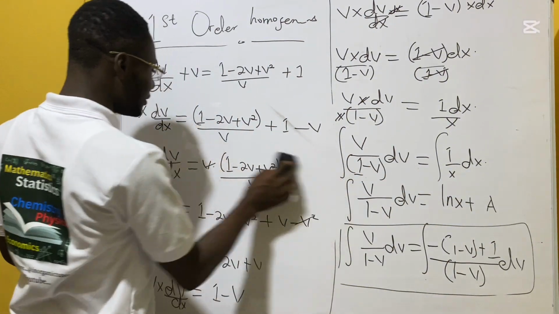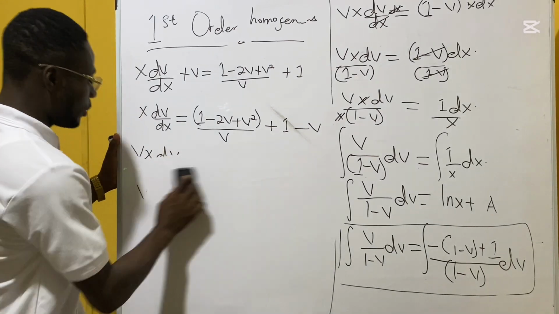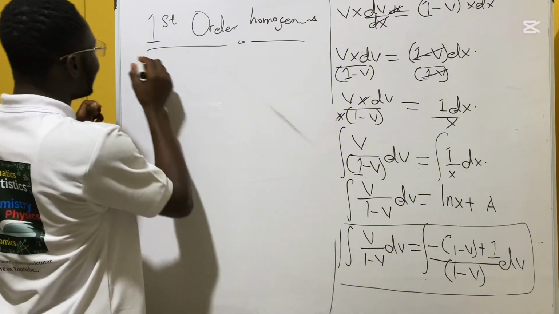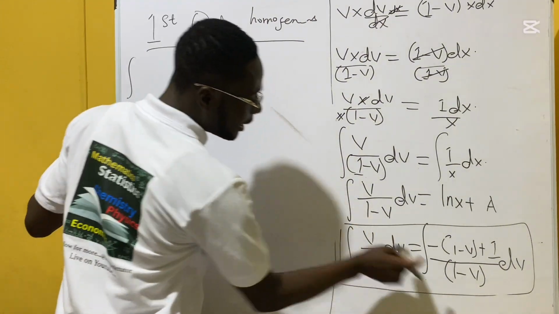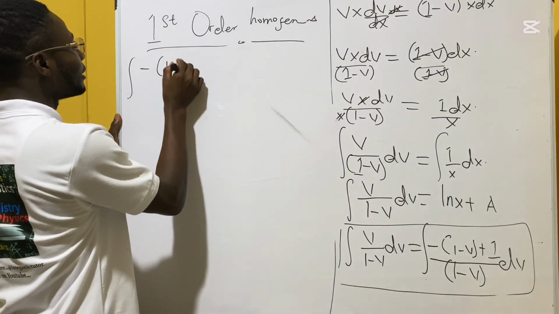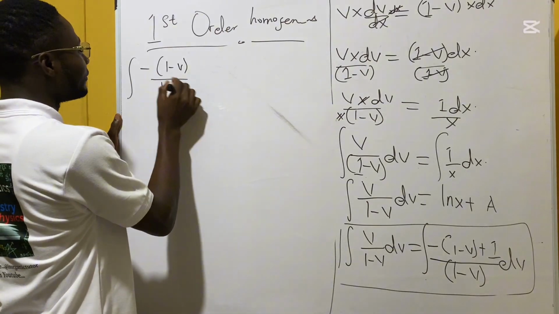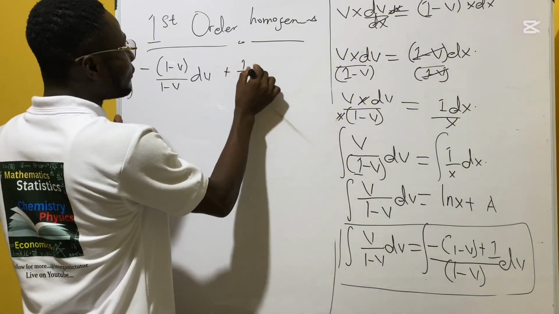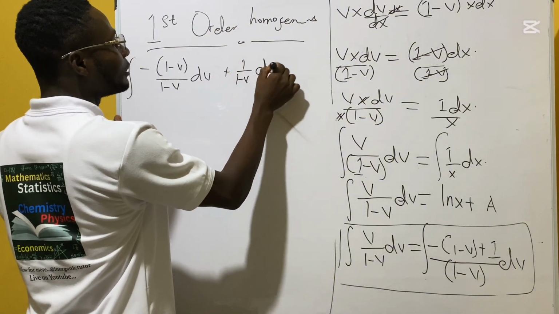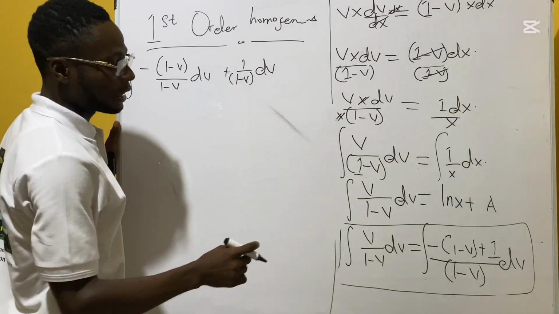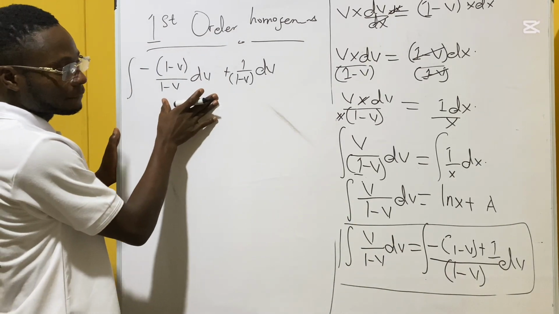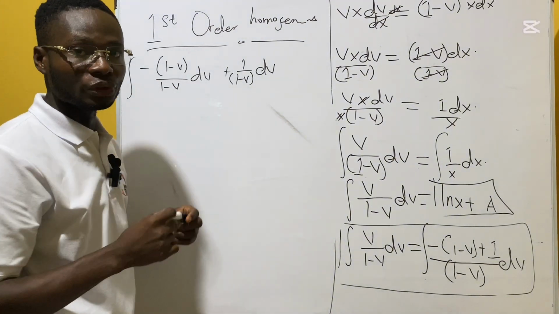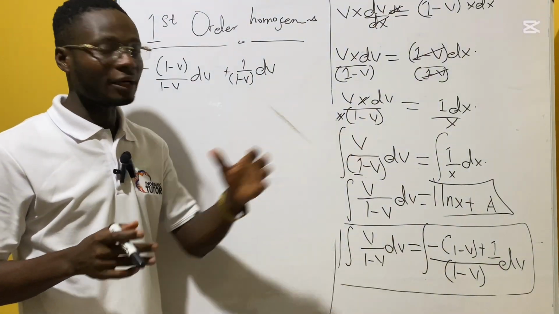Okay, so once we have that, we can say that this can be separated as minus into 1 minus v over 1 minus v dv plus 1 over 1 minus v dv. Okay, so we have that separated here. Let's not worry about the right hand side. Let's concentrate on the left hand side. When we are done, we'll add it up.